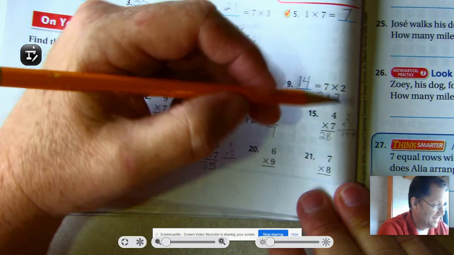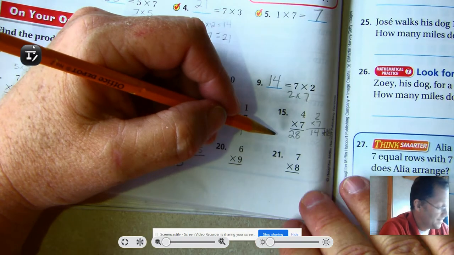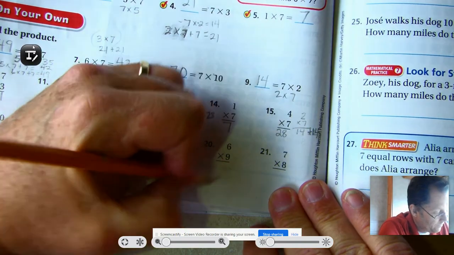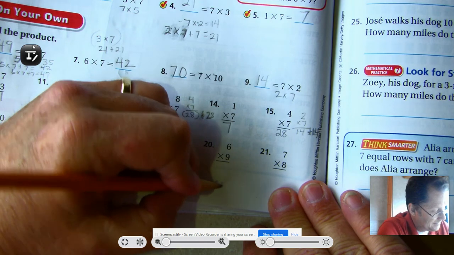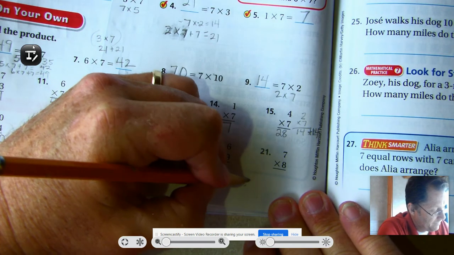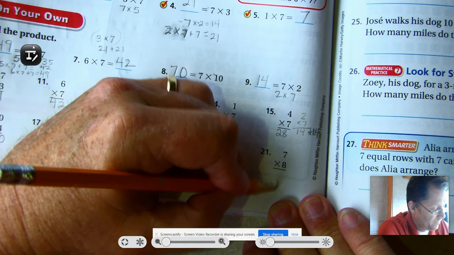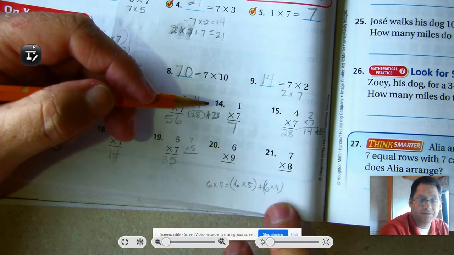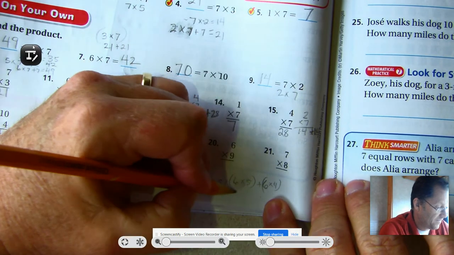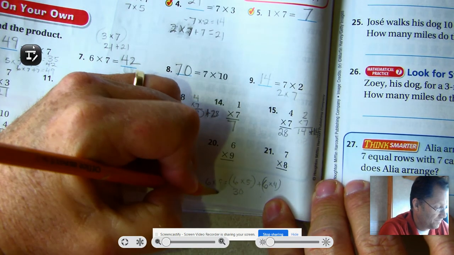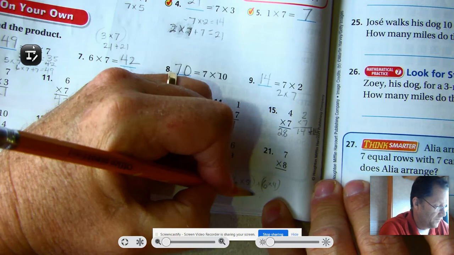6 times 9, we can write 6 times 9 as 6 times 5 plus 6 times 4. So let's break the 9 up into 2 smaller problems. 6 times 5 is 30. And 6 times 4 is 24.